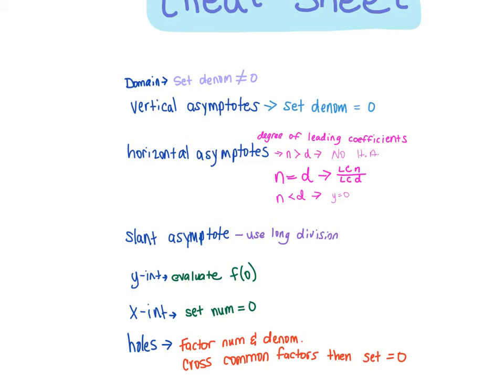Then I'm going to ask you a question that might say, what is the slant asymptote? How do you find the slant asymptote? You use long division. It's going to be a line that goes through our rational function. It's our slant asymptote. The function's getting really, really close to it, but not touching.